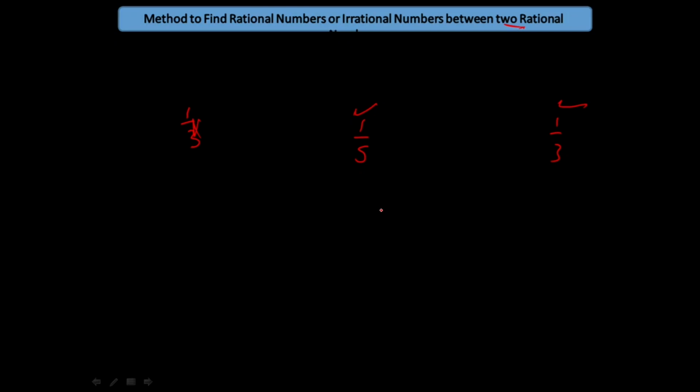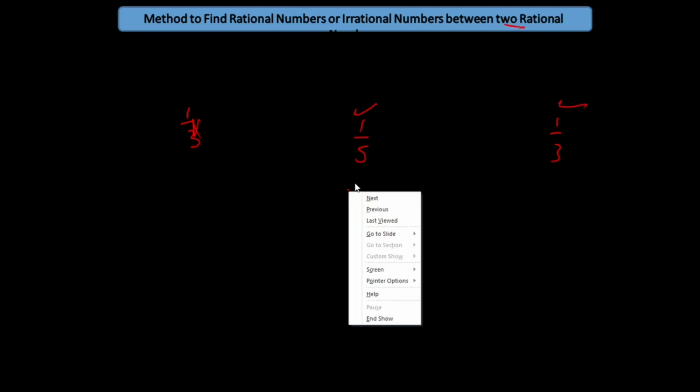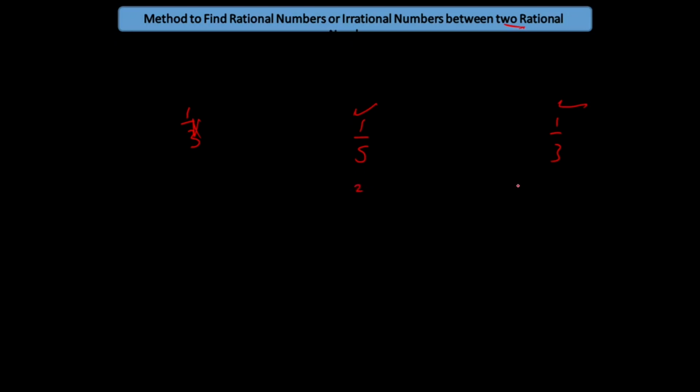There are many methods to find out these three numbers. The first method is obvious. Just calculate in mind. This value will be 0.2 here. Sorry, this value, if I divide 1 by 3, I will get 0.3, something like that. So I will be writing 0.201, 0.202, 0.203. That's it. These three are rational numbers lying between these two.